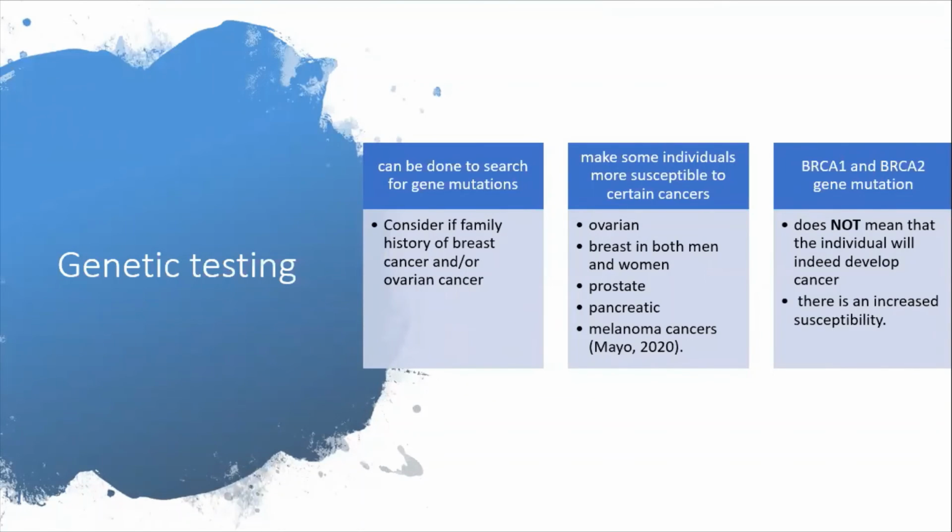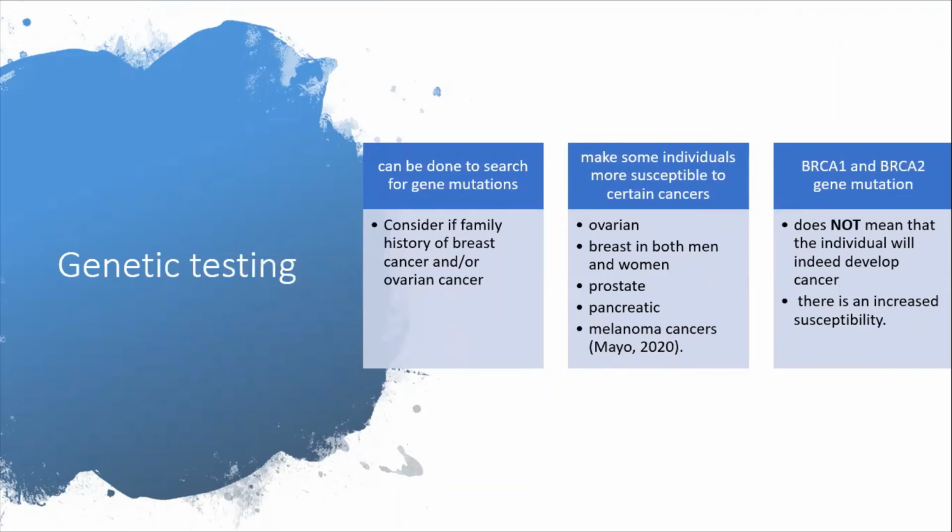Genetic testing. Genetic testing can be done to search for gene mutations. If you have a family history of breast cancer and/or ovarian cancer, you should consider having this done.